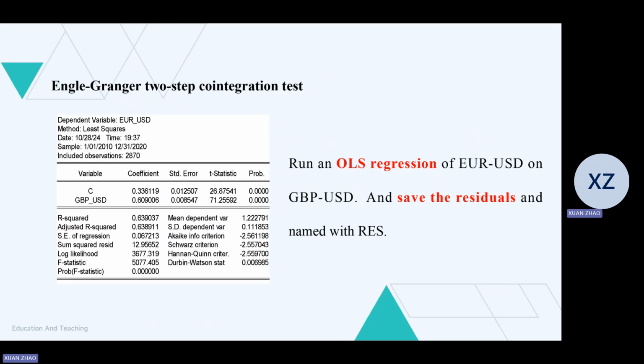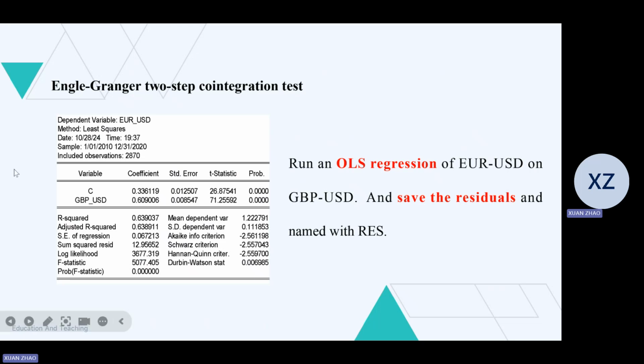The study then deploys the Engle-Granger two-step co-integration test to investigate the relationship between Euro USD and GBP USD, and to estimate the long-run equilibrium relationship by running an OLS regression of Euro USD on GBP USD.